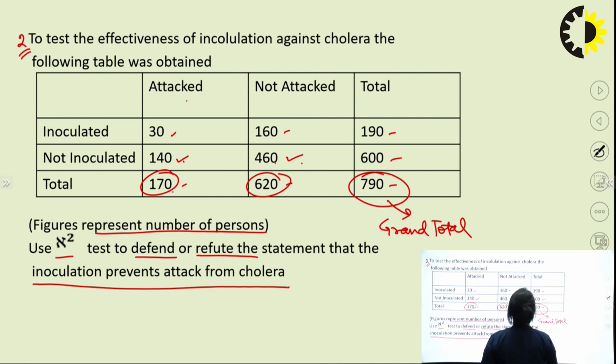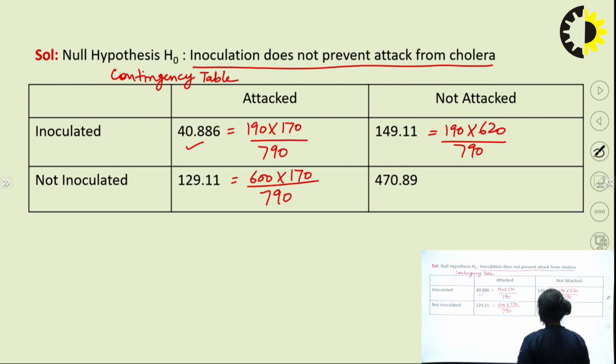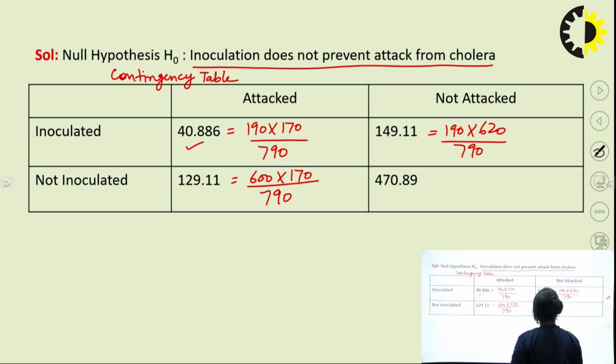Then for the next one we will consider 600 into 170 divided by 790. And for the last one, we will consider 600 into 620 divided by 790.